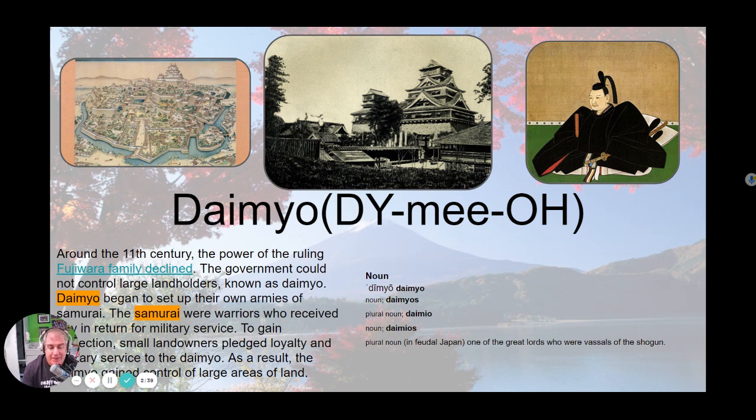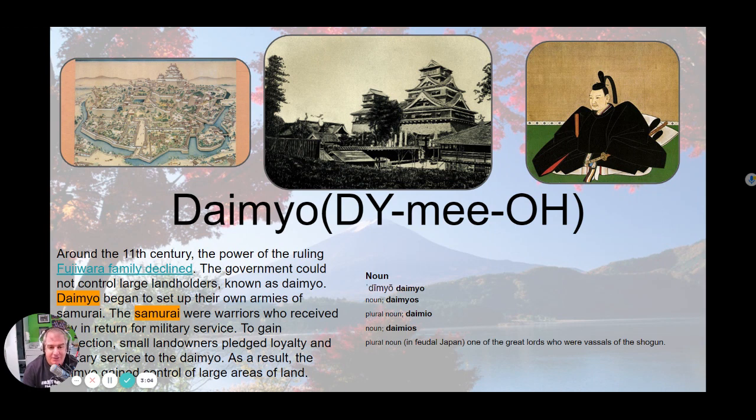These large landowners, in order to help protect themselves, had people called samurai, who we're going to talk about. The samurai protected the daimyo, and they fought for the daimyo, and they pledged their loyalty to the daimyo in return for land and a place to live. So there's one of our first ding, ding, ding similarities between knights and samurai. Knights fought for a lord in return for a place to live and land.